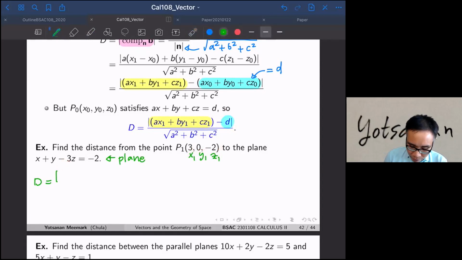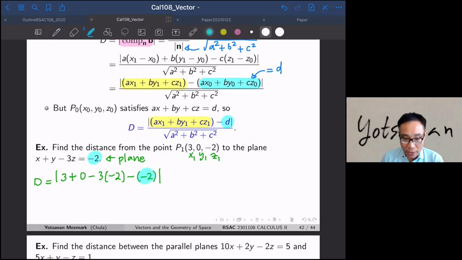So it's going to be 3, and 0, minus 3 times -2, so you have minus of -2, so that is my numerator.